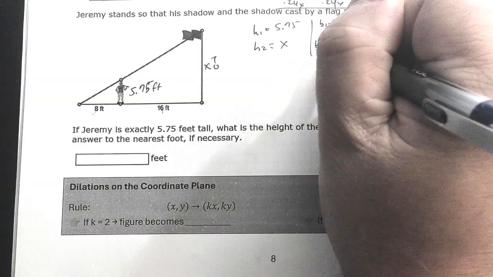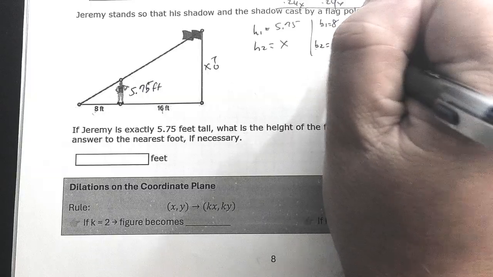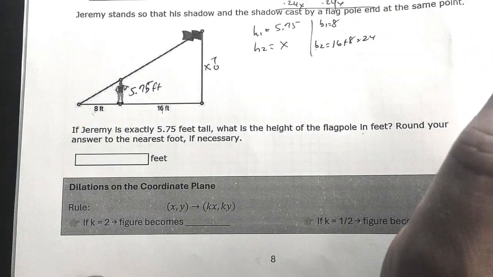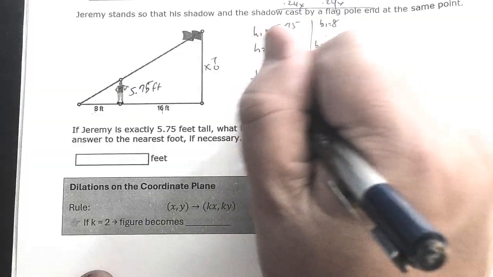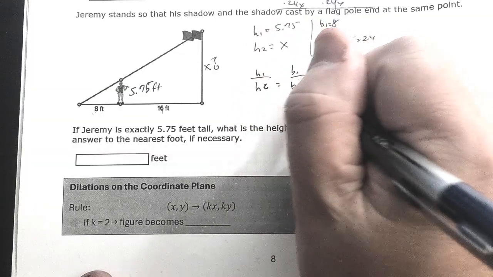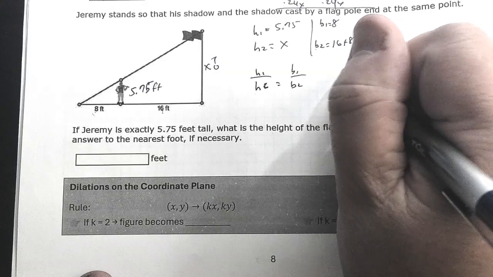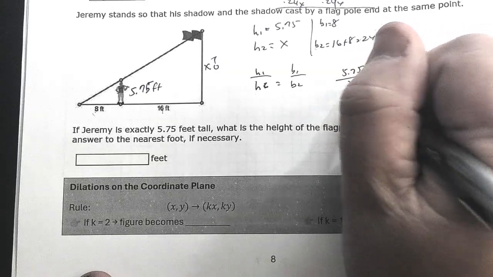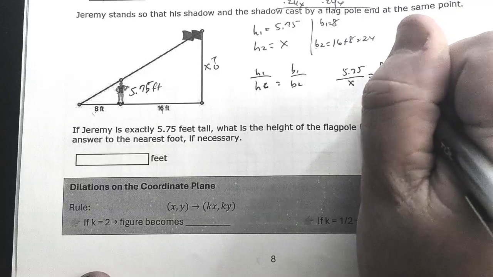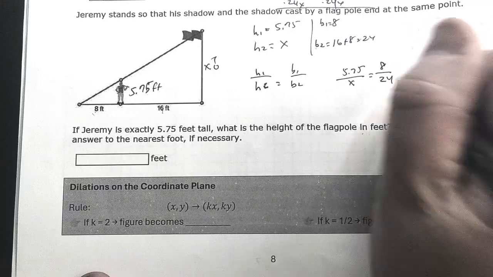Base 2 goes with the flagpole, so again that is 16 plus 8, which is 24. So now we're going to do height 1 over height 2 equals base 1 over base 2. So you got 5.75 over x and 8 over 24.